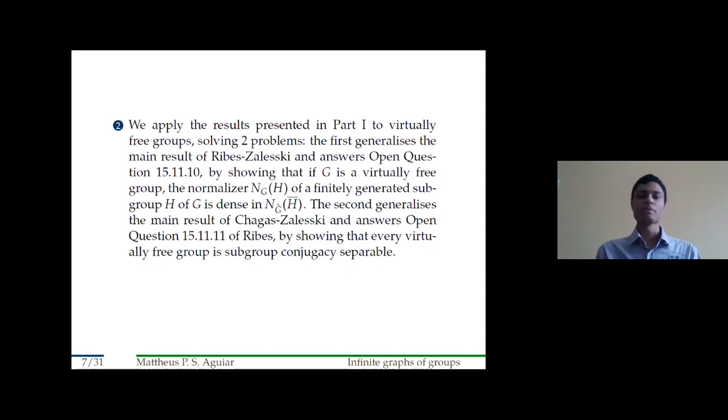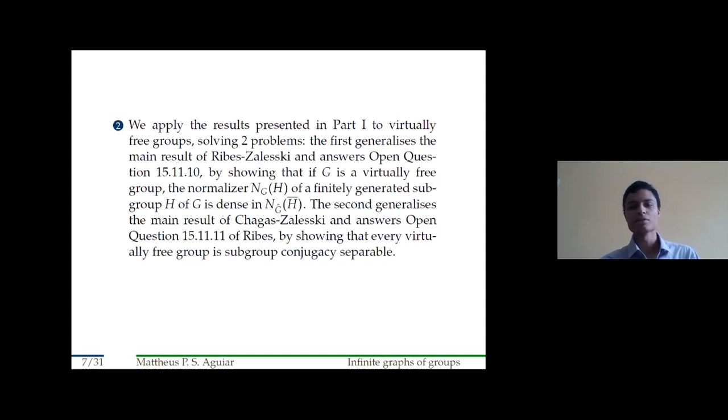In the second part, we apply the results presented in part one to virtually free groups, solving two problems. The first one generalizes the main result of a paper by Ribes and Zalesky, published in the Iberoamericana journal, and answers open question 15.11.10 by showing that if G is a virtually free group, the normalizer of a finitely generated subgroup H of G is dense in this normalizer in G hat.